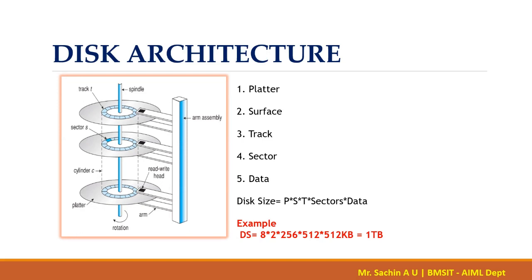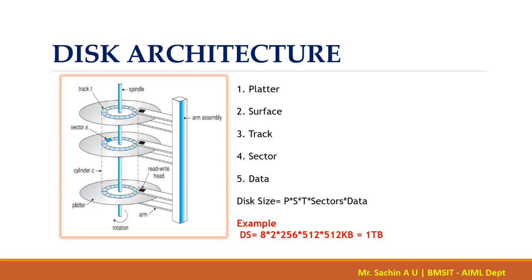I have told you each song is 4 MB. Then the smaller track will also be 4 MB and the larger track will also be 4 MB. How is this possible? That is only possible by the density of the data stored on that track. We will see that later: how 4 MB is stored in the smaller track and the larger track. That is totally how you compact the data and store it in the sectors. That is the logic behind it. We will understand that later.